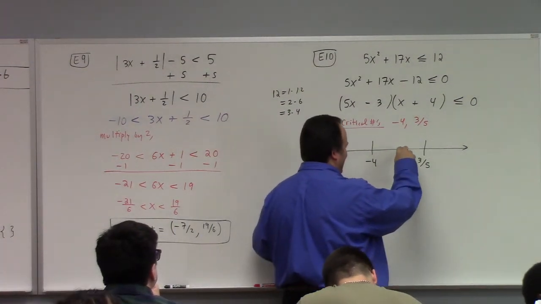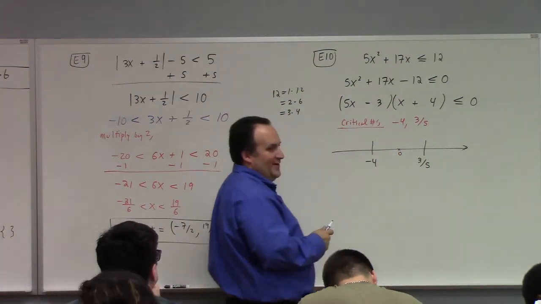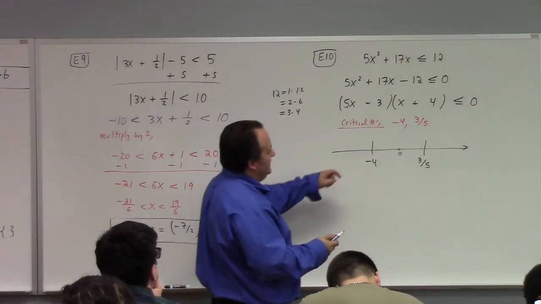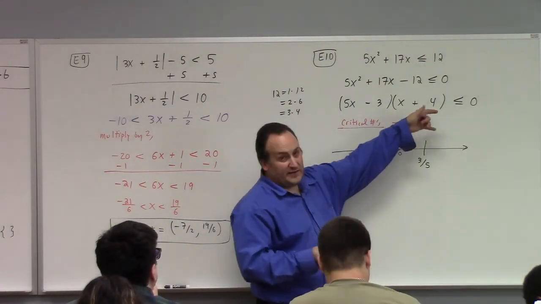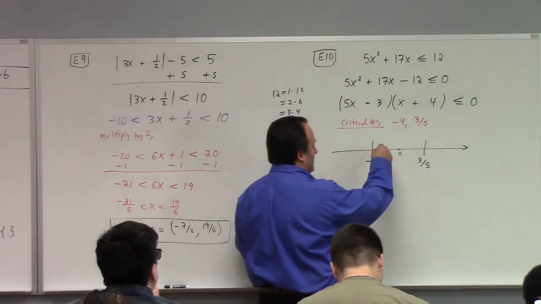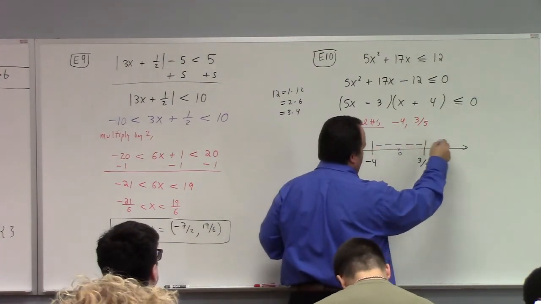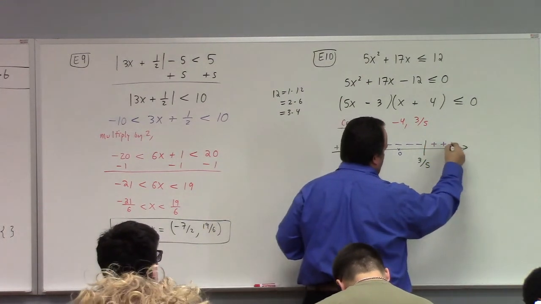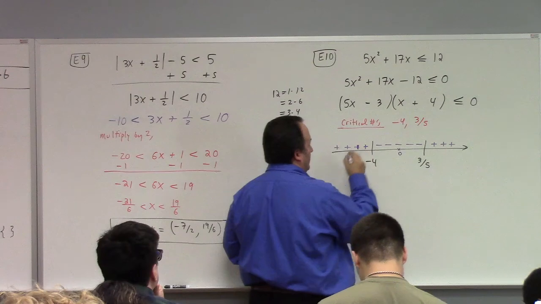Okay. I want some variety in my life. You're always making me plug in 0. It's so boring. But anyway, that's a good choice because that gives us minus 12, which is negative. Then the sign flip theorem says I change to pluses on the outsides as we go across the critical number.